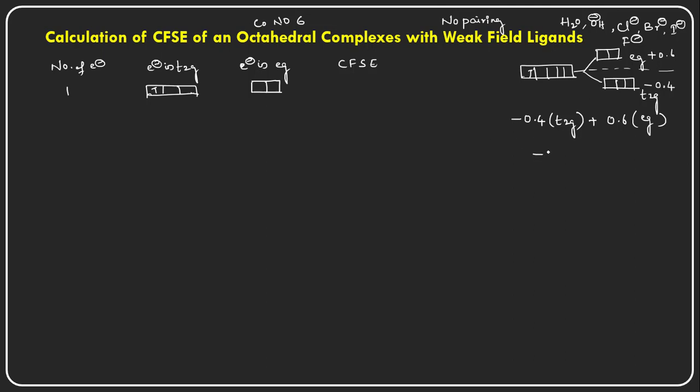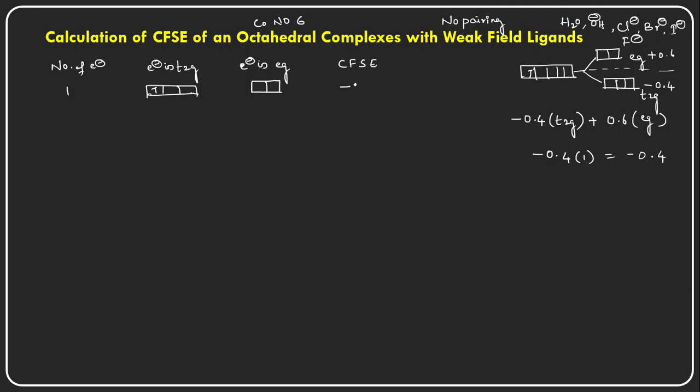So minus 0.4 into 1 electron, and there are no electrons in the Eg orbital, so 0 into 0.6 will be 0 only, right?